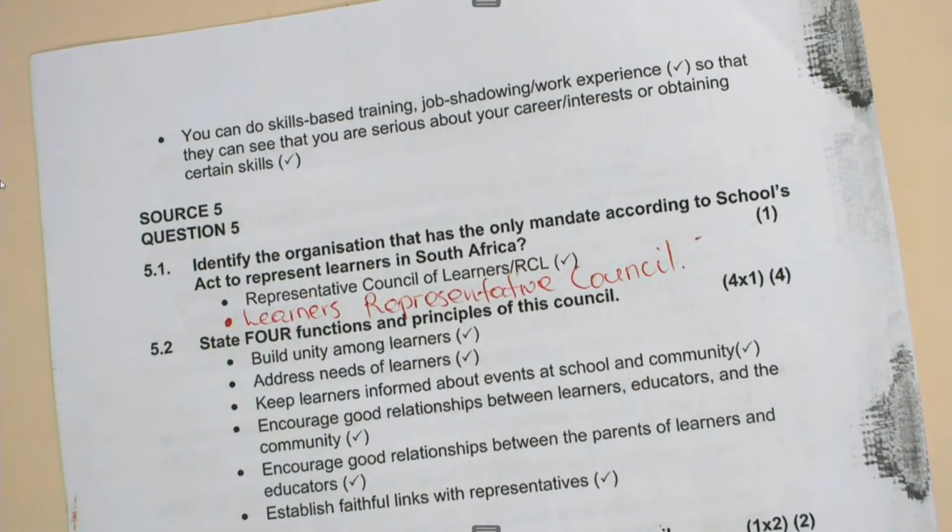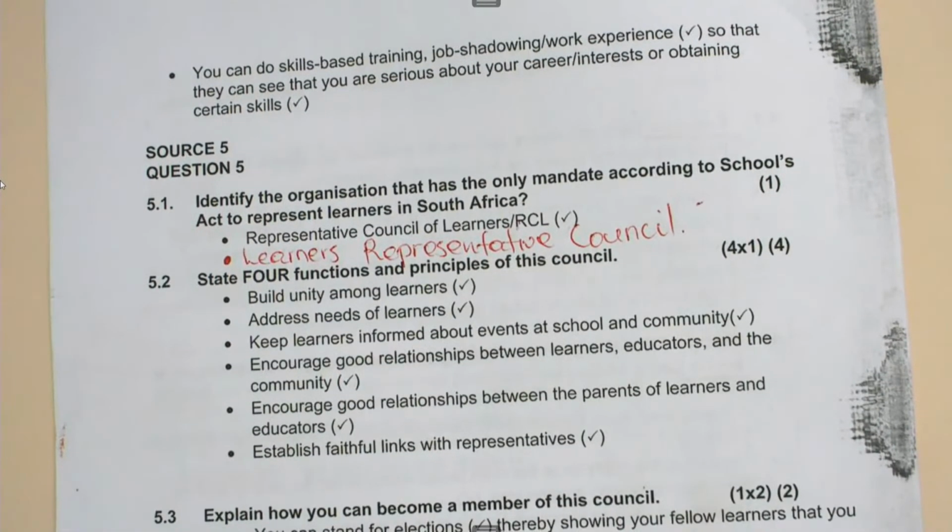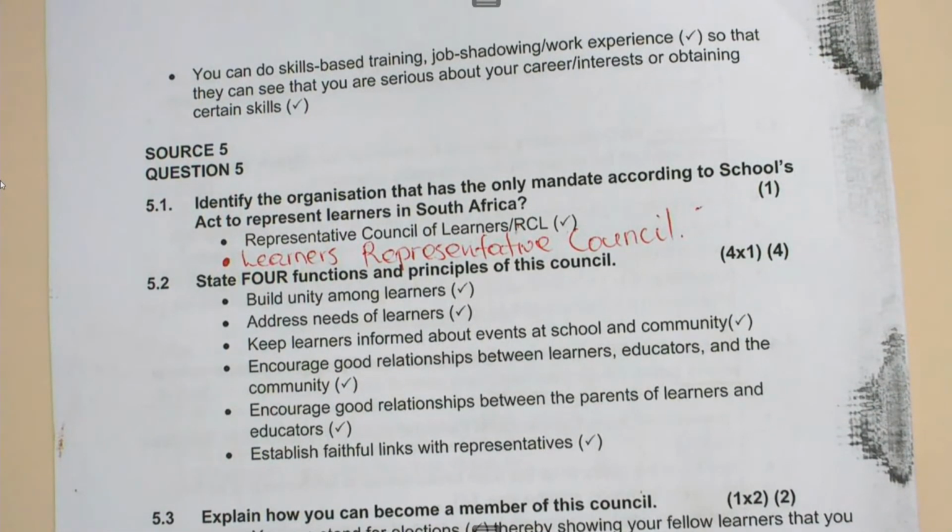The second one, 5.2, state 4 functions and principles of this council. Which council? The Representative Council of Learners, or the RCL. The first one is to build unity amongst learners. Address needs of learners. Some would say address learners' needs.